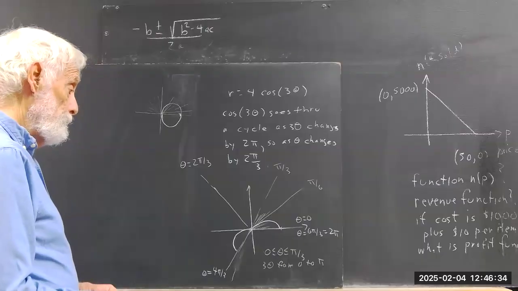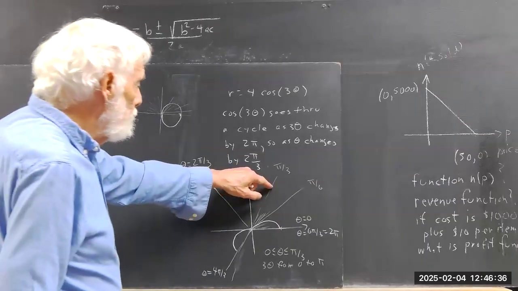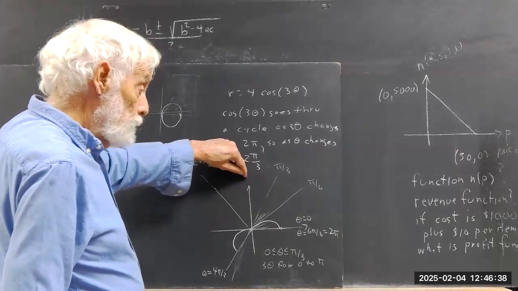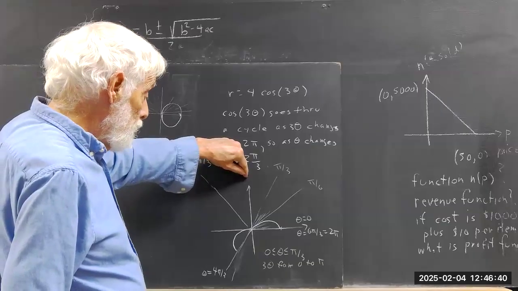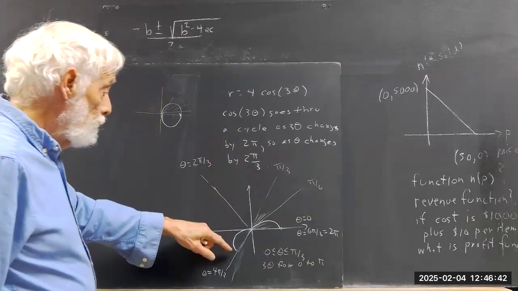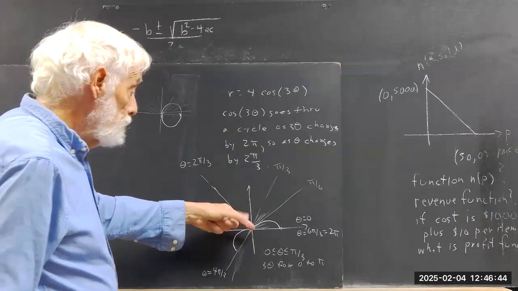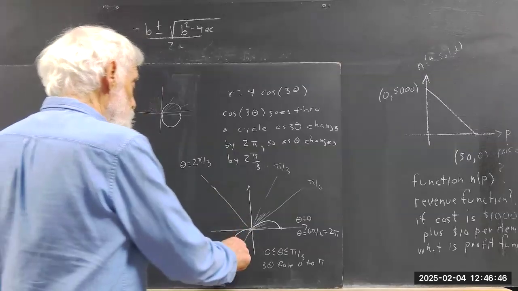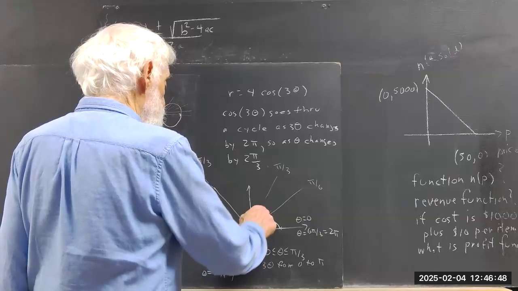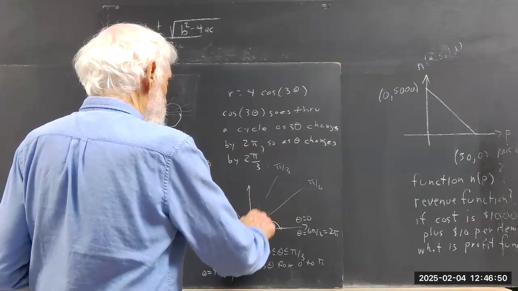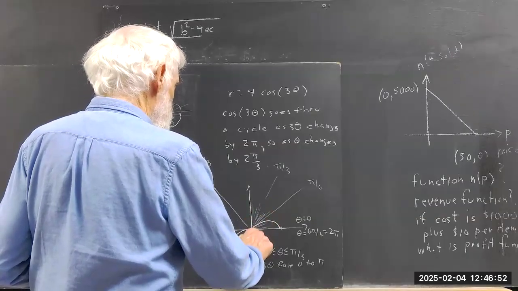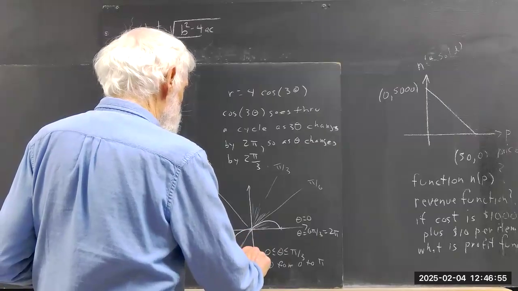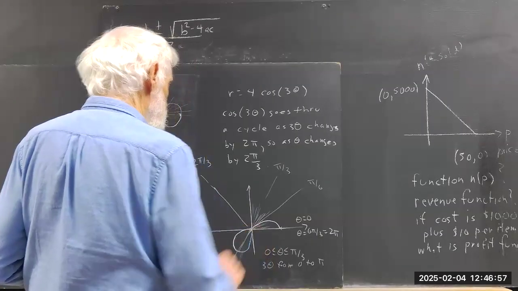Now, as we go from pi over 3 to pi over 2, the cosine value is going to go from -1 to 0. So cosine goes from -1 to 0 along these lines. Of course, that's going to take us in the negative direction. It's going to come back like this.